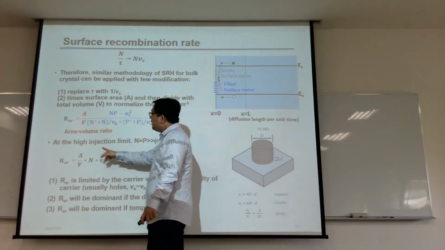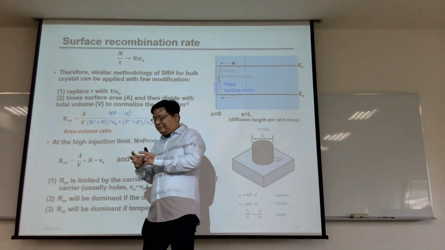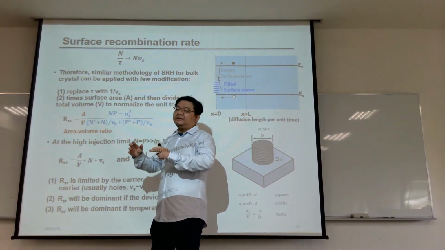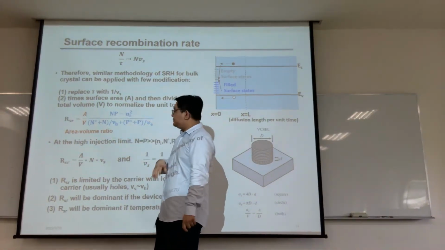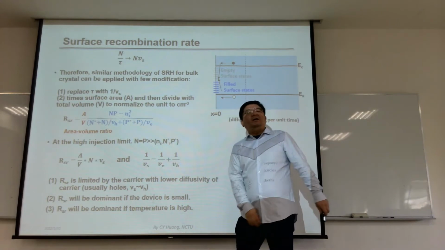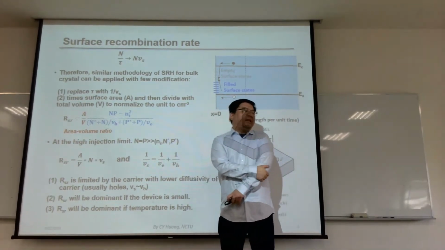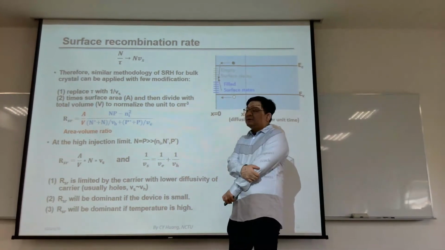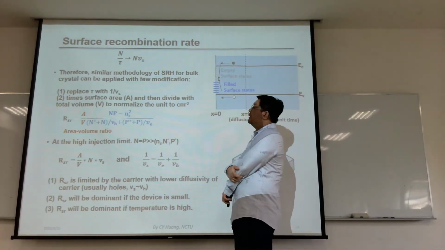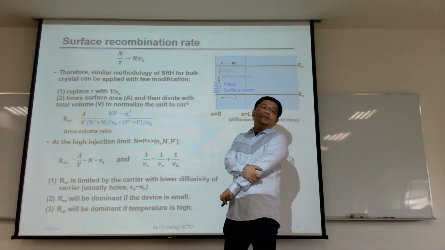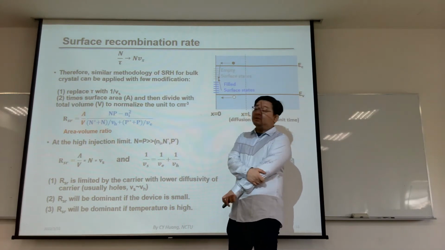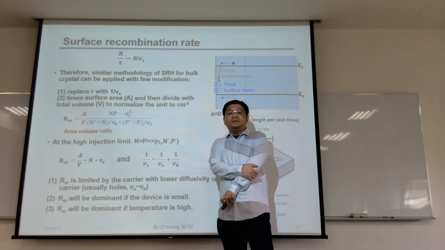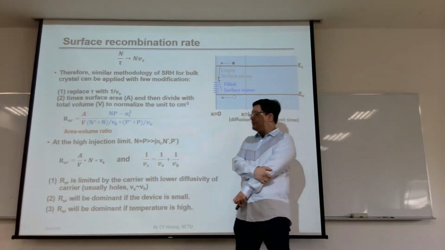If the area to volume ratio is high, that means with the same device volume there is a very high density of area where the surface recombination happens. So your device will undergo a serious non-radiative transition, even though the crystal quality could be pretty good.